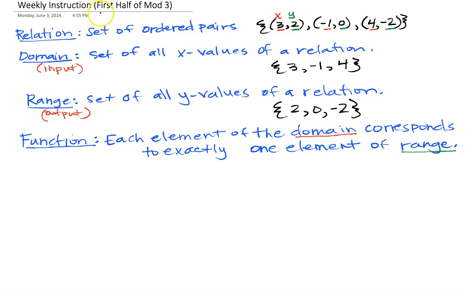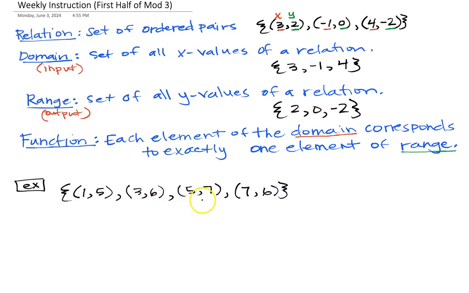So let's take a look at a little example here to try and figure out if this relation is a function or not. Okay, so say they give us this relation. We've got the points (1, 5), (3, 6), (5, 7), and then (7, 6).